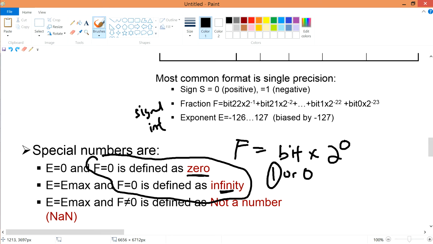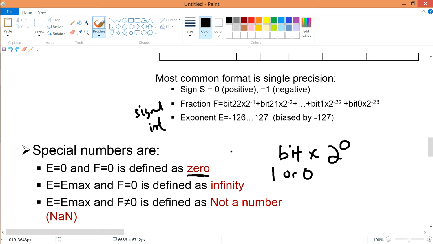If it's 1, then you're talking about infinity. If it's 0, then you're talking about 0. So if my bit is equal to 1, then this fraction is actually infinity. If my bit is 0, then it's equal to 0. That's all.